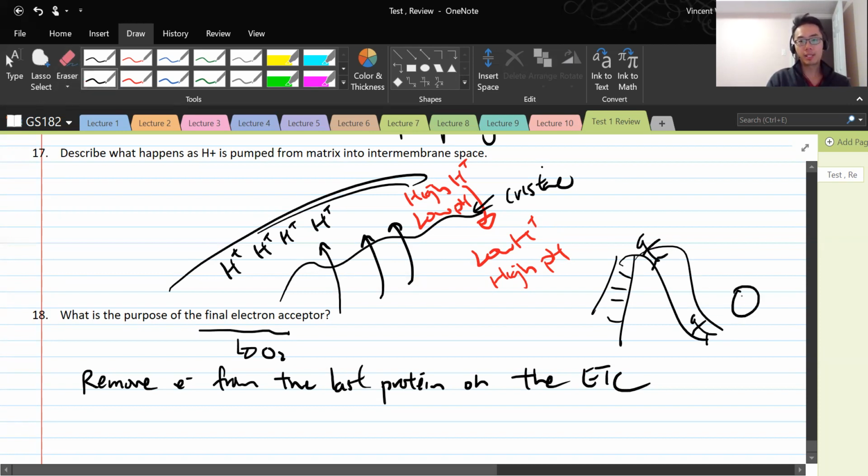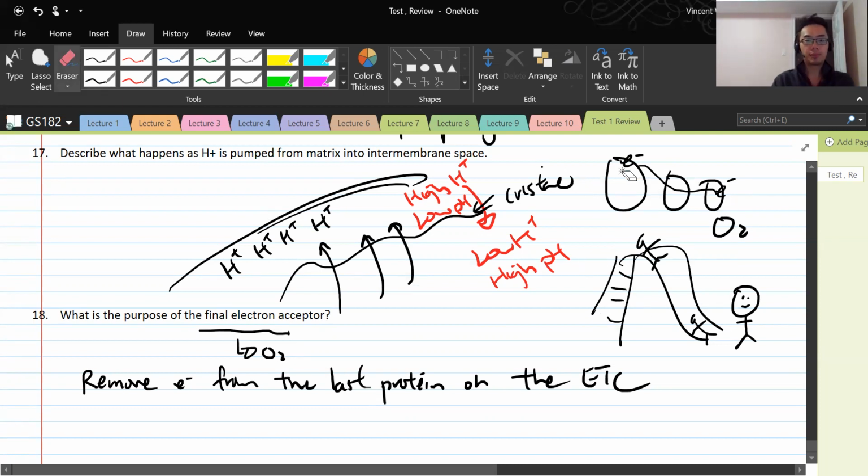So the parent comes and takes the kid away so the next one can go. In a similar way, as the electrons get passed down the ETC proteins, oxygen pulls the electron away from the last protein, and that allows the next one to slide down.